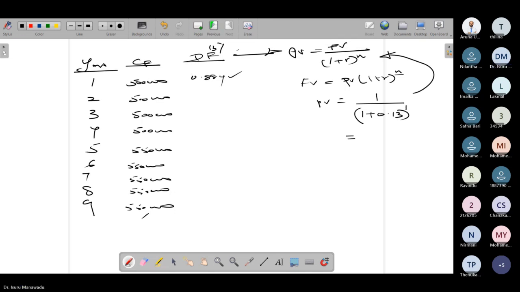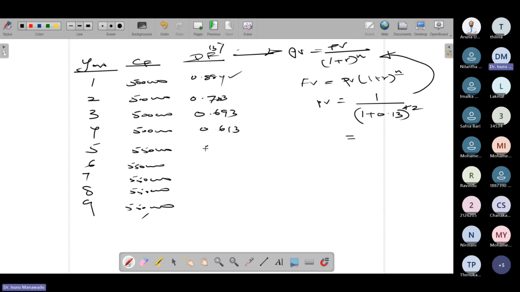Similarly, you can calculate the next year. So you can put 2 here. What is the present value of 1 rupee which we will be receiving or paying at the end of the second year at the rate of 13%? What is the answer here? 0.783. Next, 0.693. Next, 0.613.